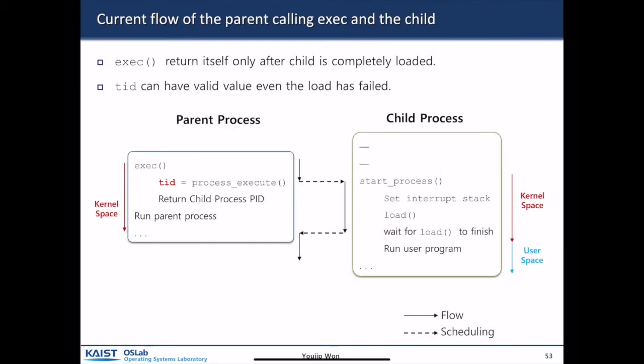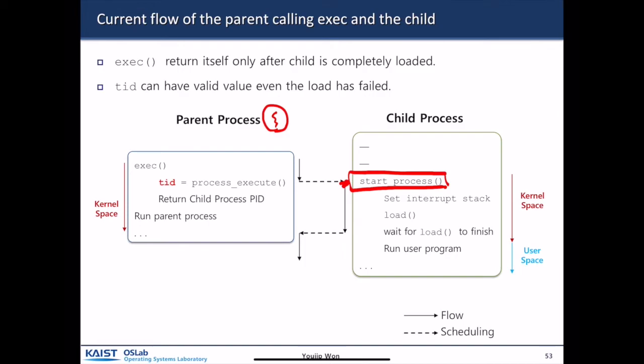So this is the parent process, and it calls process execute. And then in start process, it allocates a thread structure and creates a new process.